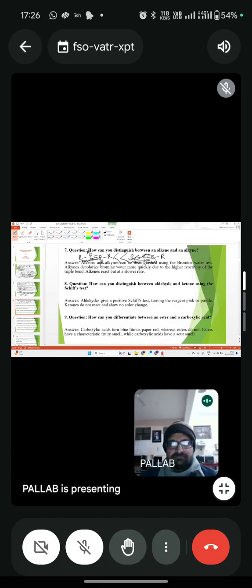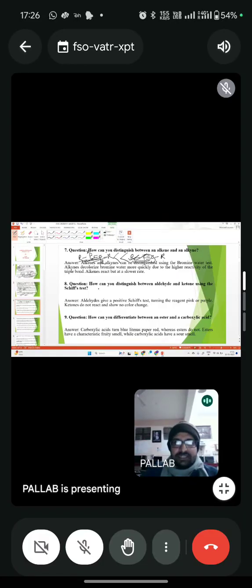So we will see a difference in the rate of reaction between alkyne and alkene. Alkyne will react more rapidly with bromine water and decolorize the red-brown solution of bromine water as compared to alkene.